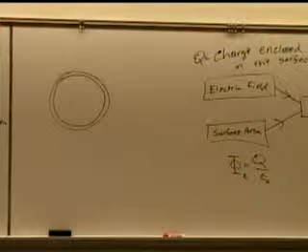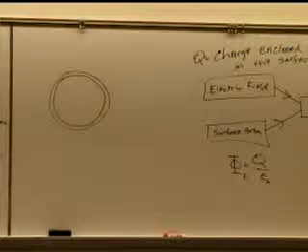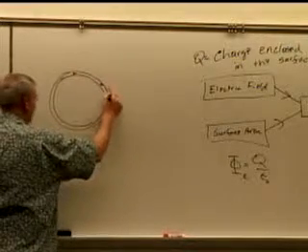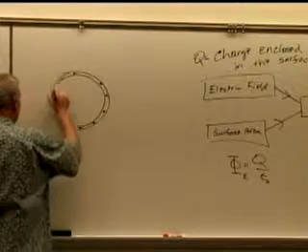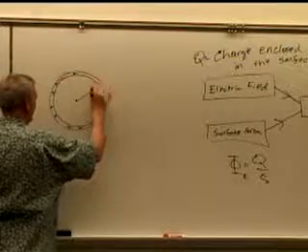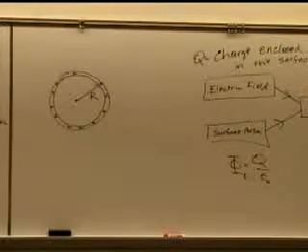We got a thin spherical shell with a positive charge. It's positively charged on the outside. Okay. And it's got a radius of big R. All right.